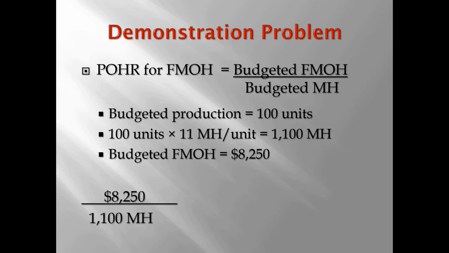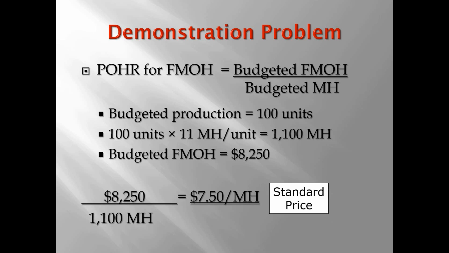So the predetermined overhead rate is the budgeted amount of fixed overhead divided by the budgeted machine hours. And that tells us that the predetermined overhead rate for fixed overhead is $7.50 per machine hour. And that becomes our standard price for fixed manufacturing overhead.